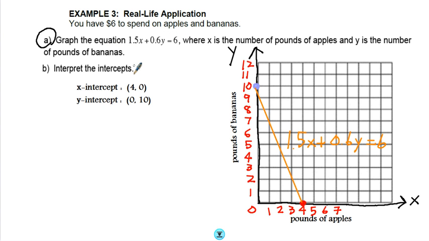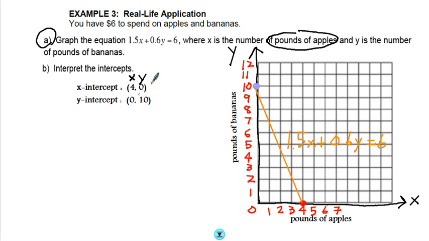Remember, ordered pairs, it's x, comma, and y. So for the x-intercept, if x is 4, then y is 0. And x stands for the number of pounds of apples, and y stands for the number of pounds of bananas.